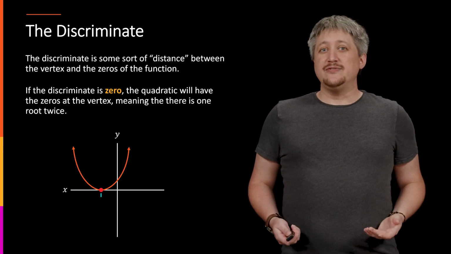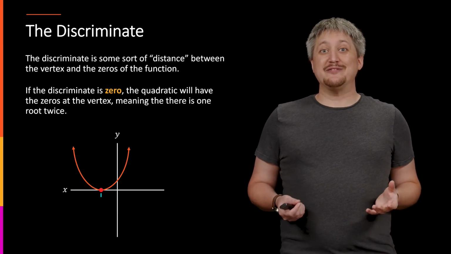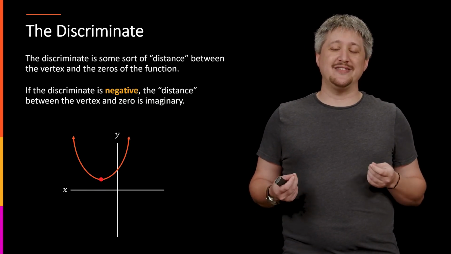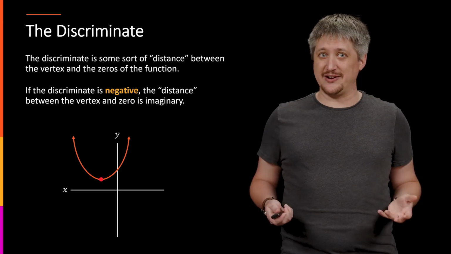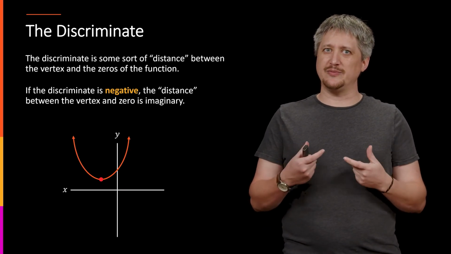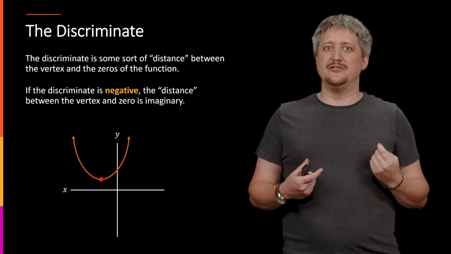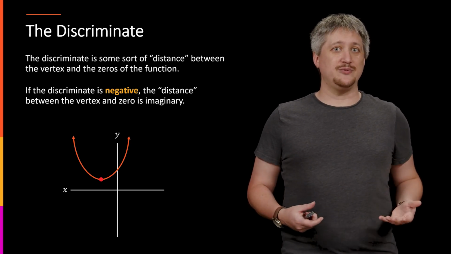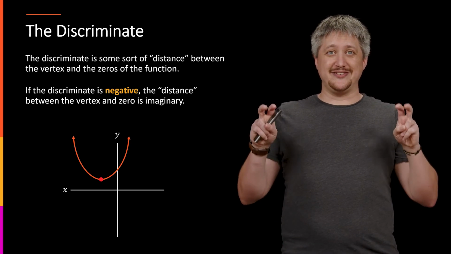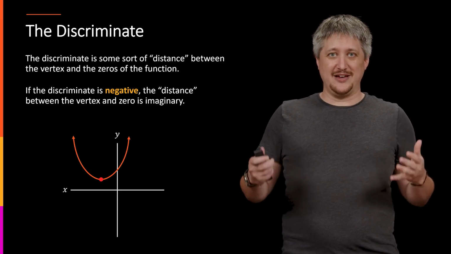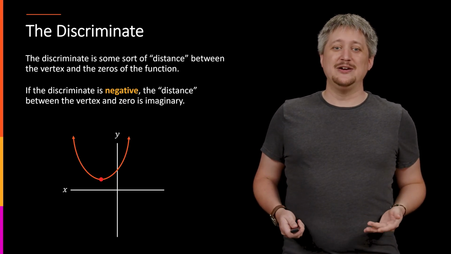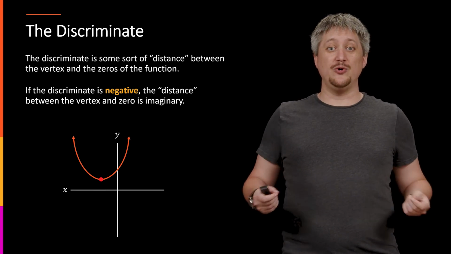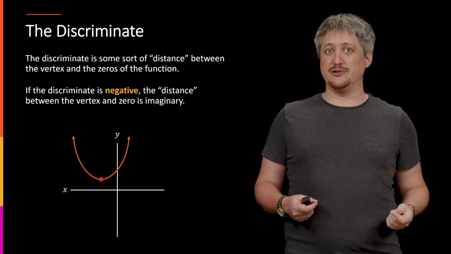If it's a negative, well, same thing here. If it's a negative value, that means that the quote-unquote distance is imaginary. And that's because, remember, the discriminant is underneath the square root. So if we're trying to square root a negative, we're going to get some sort of imaginary value. So the distance is effectively an imaginary number, which means it doesn't actually exist. It's not real, which means there are no real valued zeros.